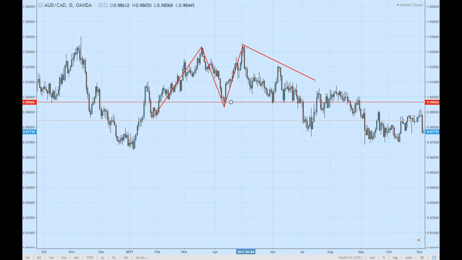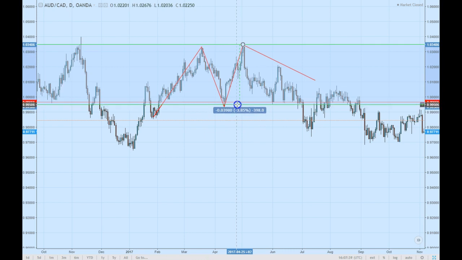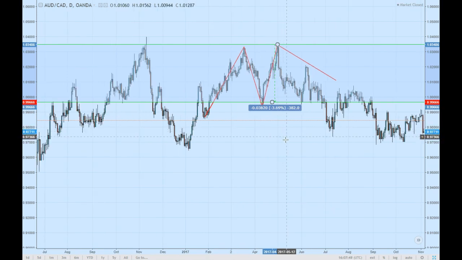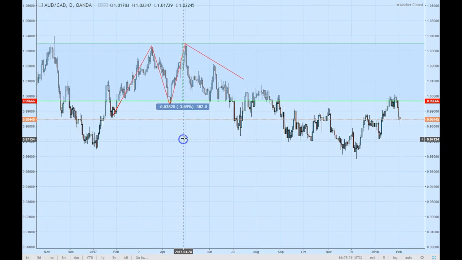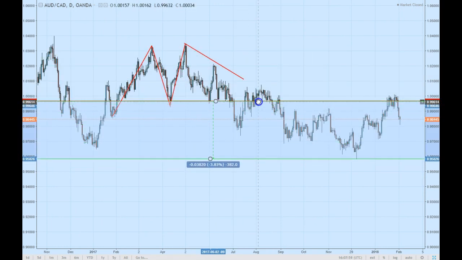So now what do you do? You calculate where you should exit this position. You take the highest of this trade to the body there, and that's 382 pips, a lot of pips to be made, right? And then you must move this one to there.